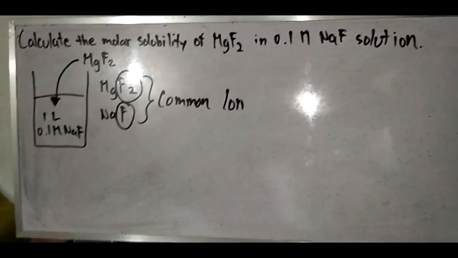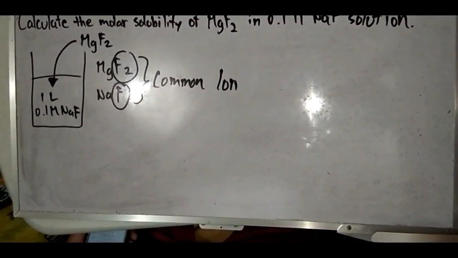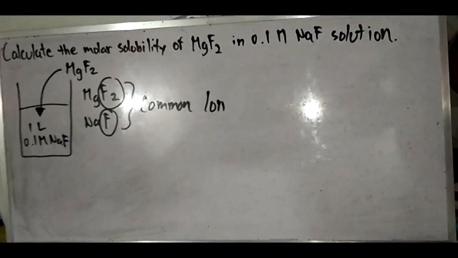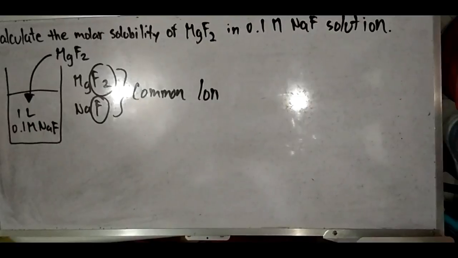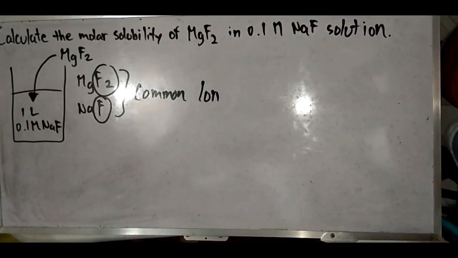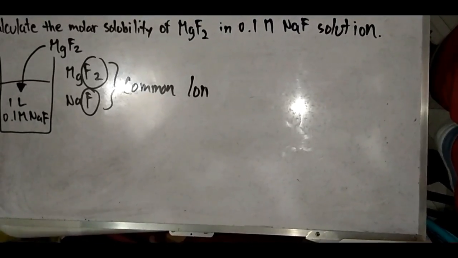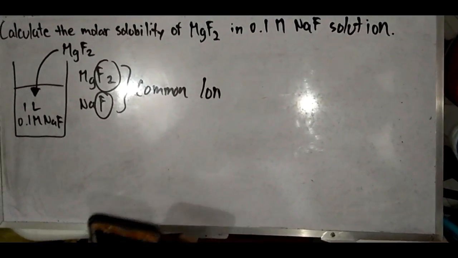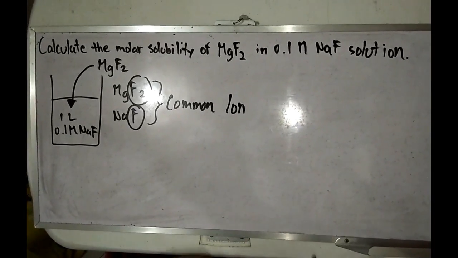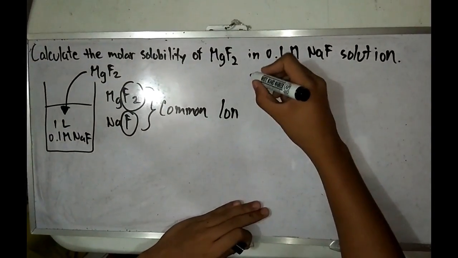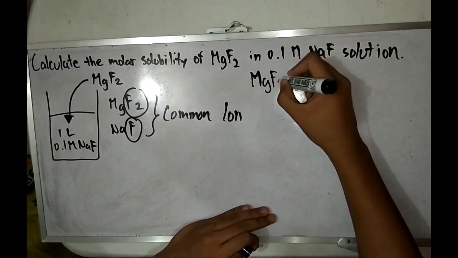For part B, we recognize that NaF is a soluble ionic compound that is completely dissociated into its ions. MgF2, on the other hand, is just a slightly soluble compound. Both compounds produce F- ions, so this is a common ion effect problem. To calculate the molar solubility of MgF2, we would first need to write the correct equation.